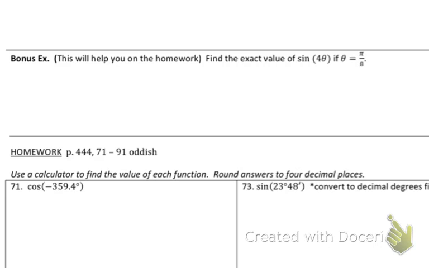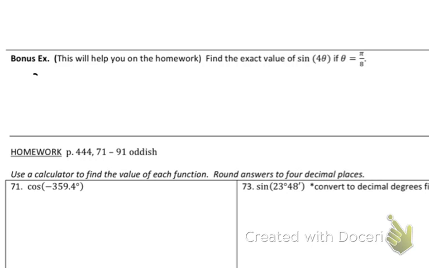Now it looks a little confusing, but boil down to the fact that you can do everything in here algebraically before you even look at the sine. So if I just gave you find 4 times theta, all you would do is take 4 times this. And that's all we're going to do here. We're just going to do 4 times this and then find the sine of whatever that results.